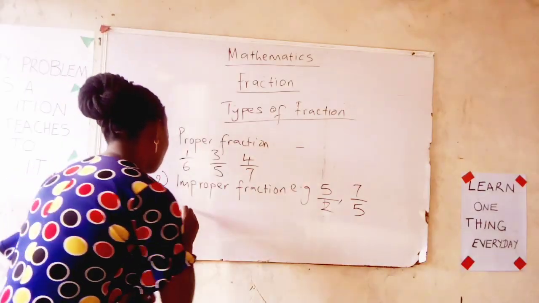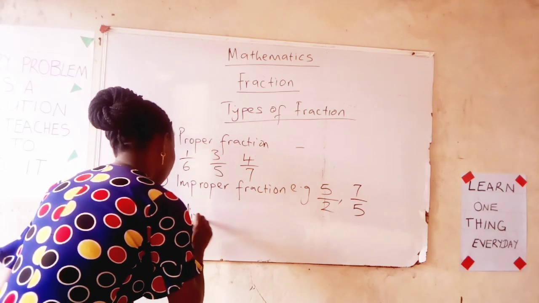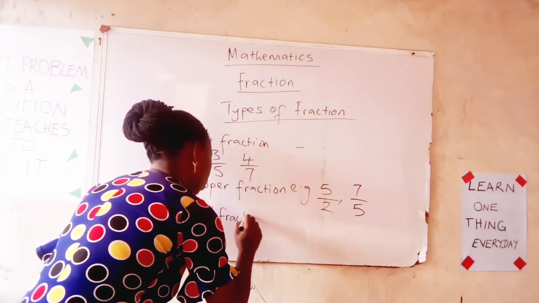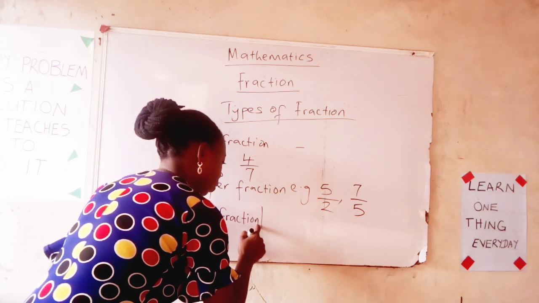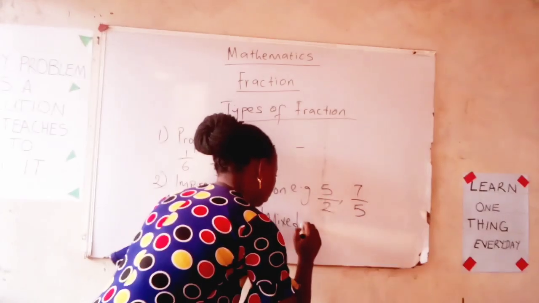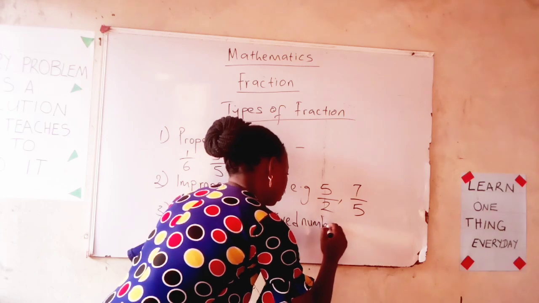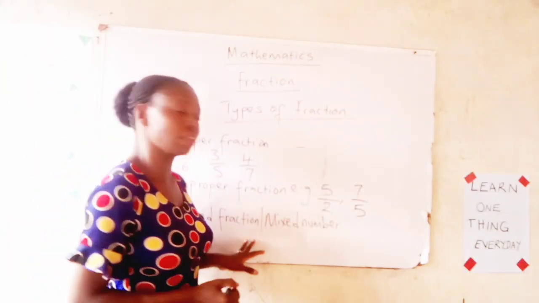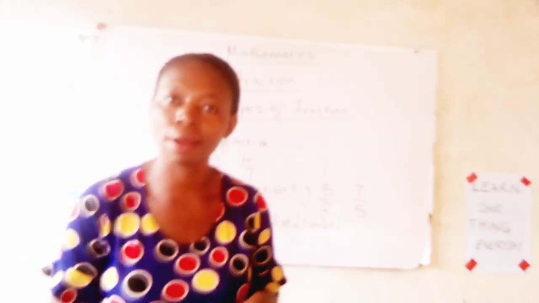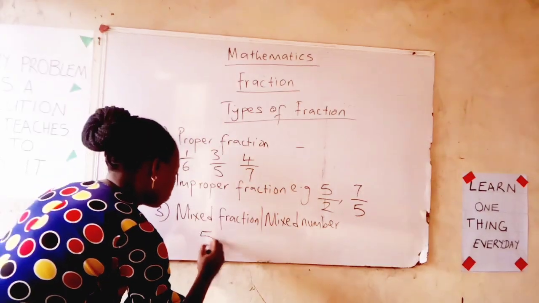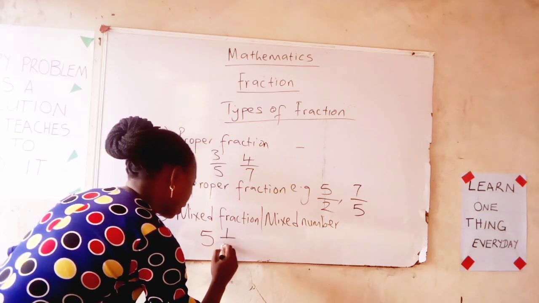Another type of fraction is mixed number or mixed fraction. Some persons call it a mixed number. So in this one, we have a whole number and a proper fraction. You have 5 whole number, 1 over 3.